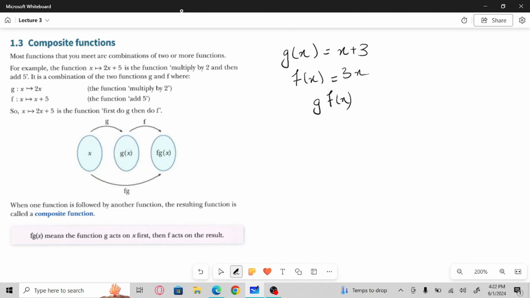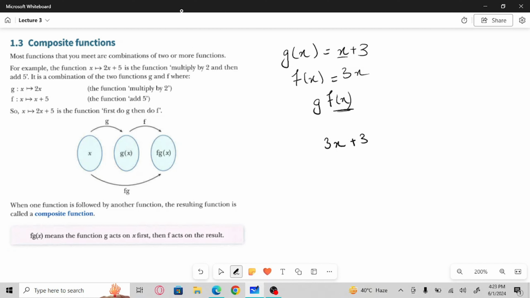gf(x). What it means is to first solve the function f and then let the result of this function f be inputted into the function g. So this will actually be 3x plus 3, because we are replacing the value of x in g with 3x.